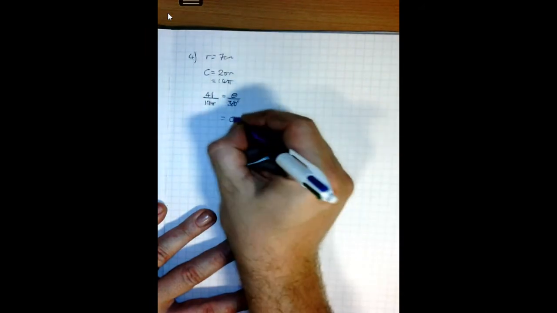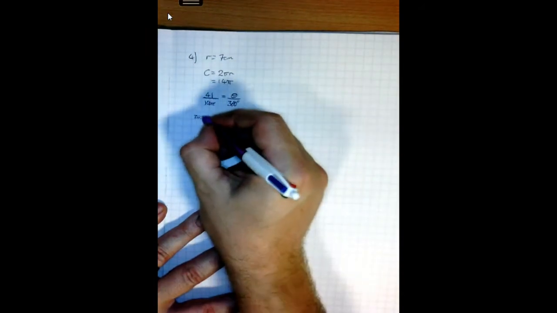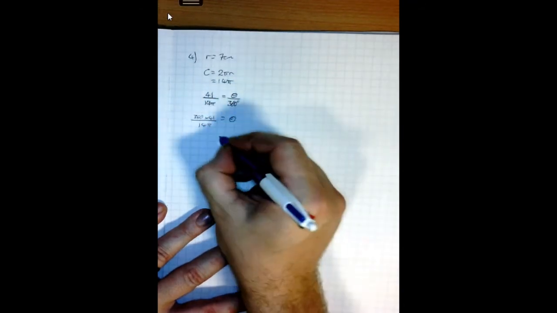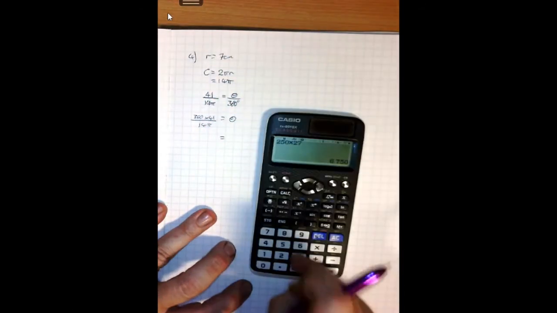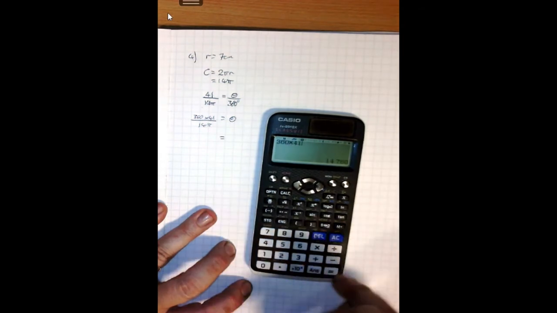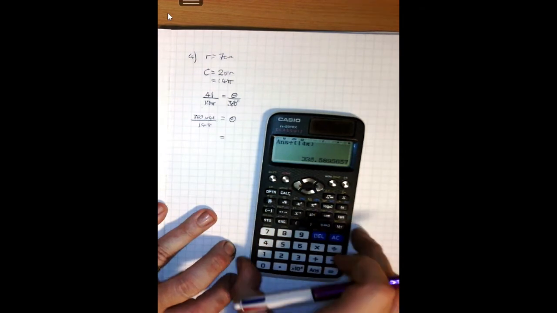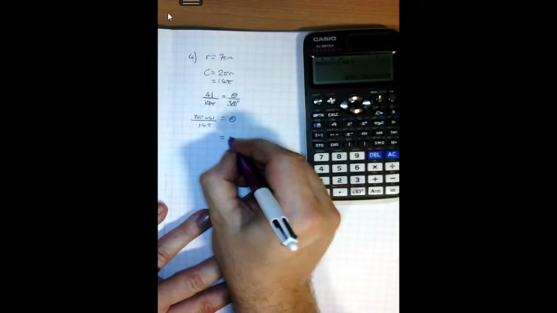So I need to solve this equation, and to do this I'm going to multiply both sides by 360. So theta is 360 times 41 over 14 pi. 360 times 41 divided by 14 pi.